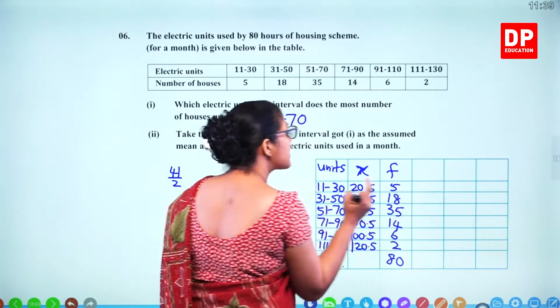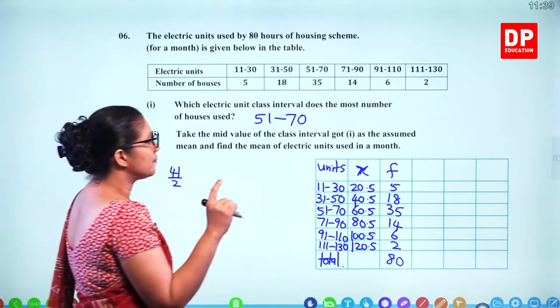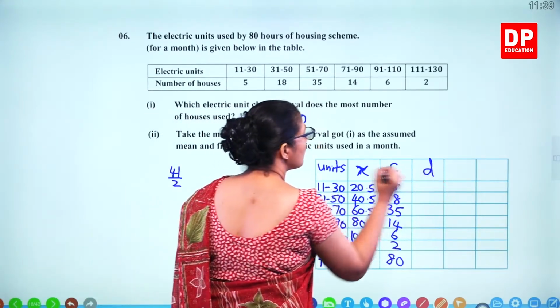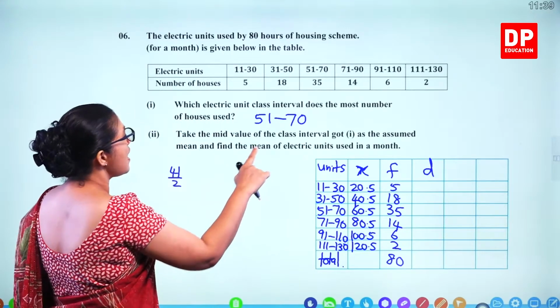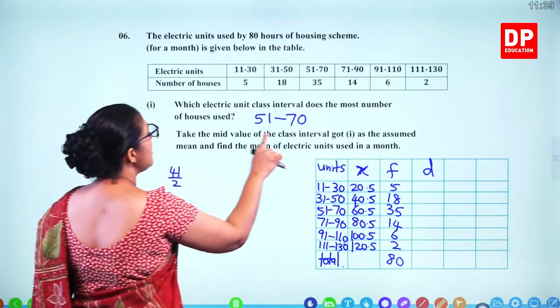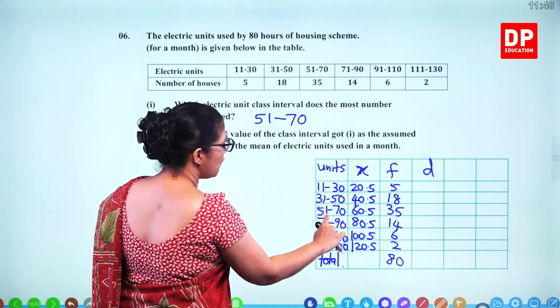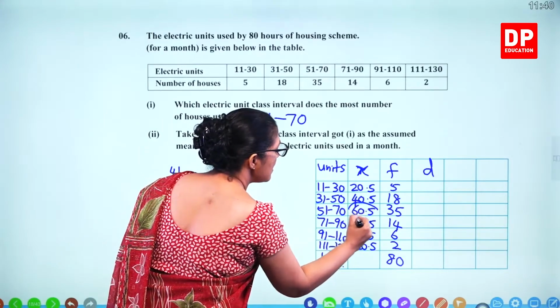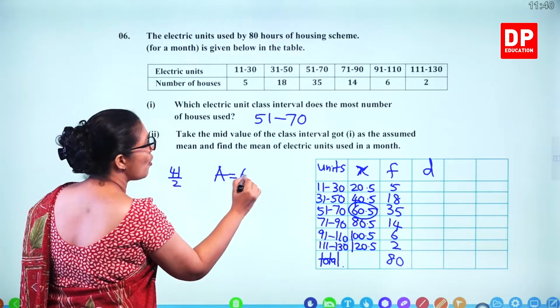And what is the next step? We need to calculate the deviation. What's the deviation? Take the assumed mean as the midpoint of this interval, so the midpoint of 51 and 70. So this is the assumed mean. Assumed mean is 60.5.